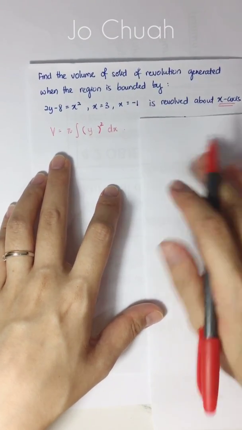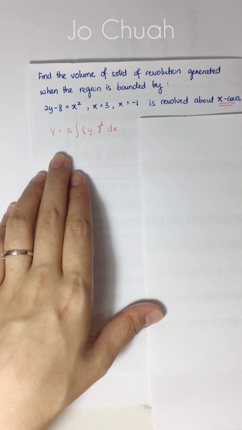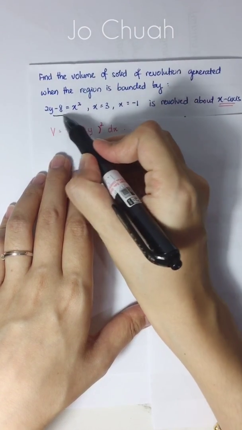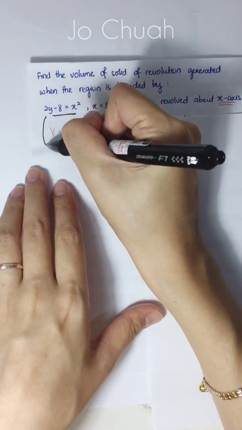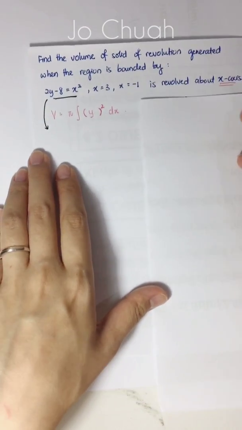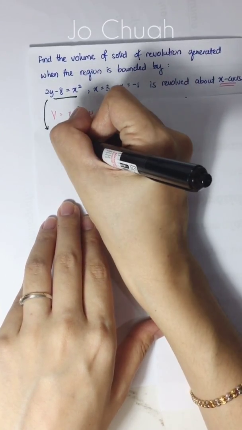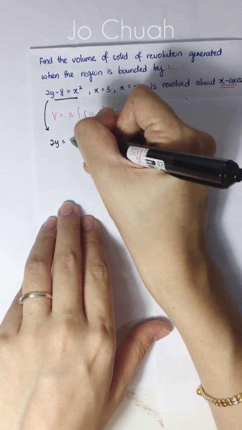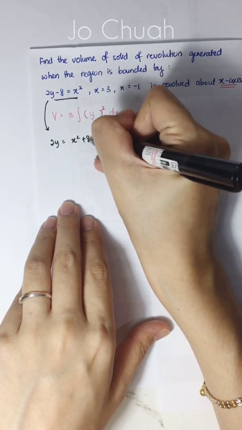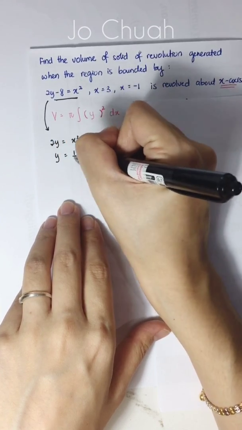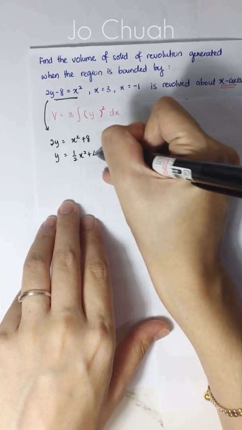So I'm just gonna figure this out first for you, and maybe you wanna look at how the diagram's gonna look for this one. Since it's talking about x-axis, I'm just trying to sketch this diagram first. You're gonna have 2y = x² + 8, and y is gonna be (1/2)x² + 4.